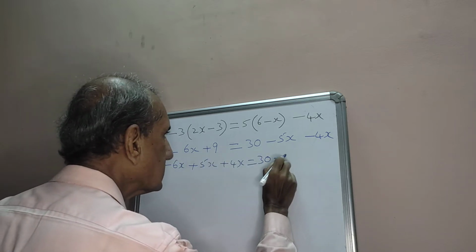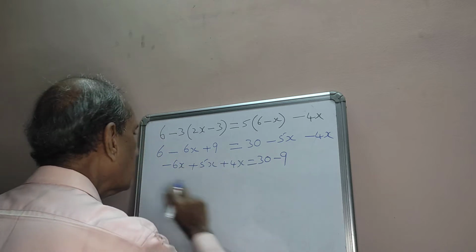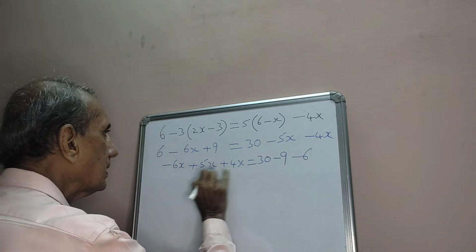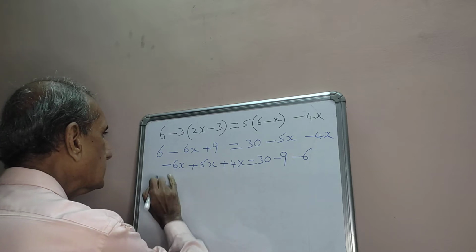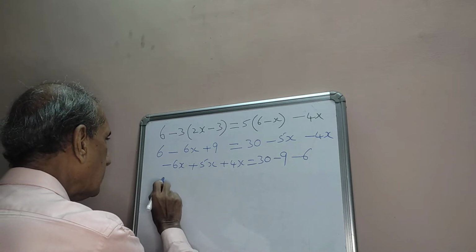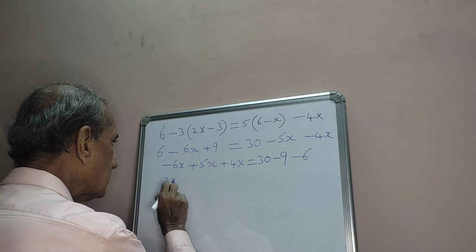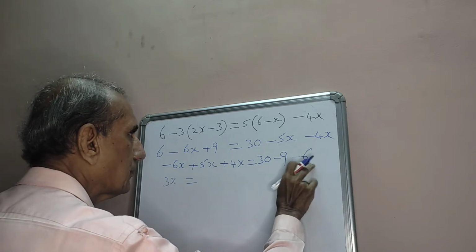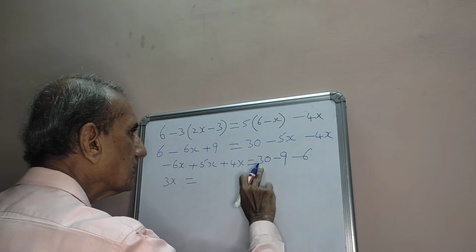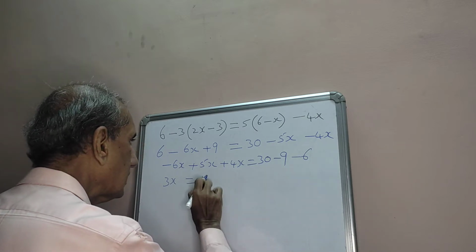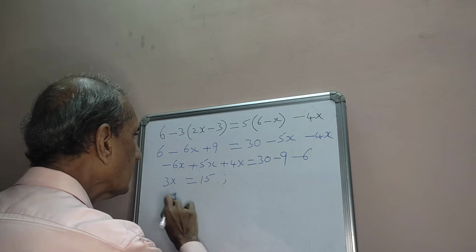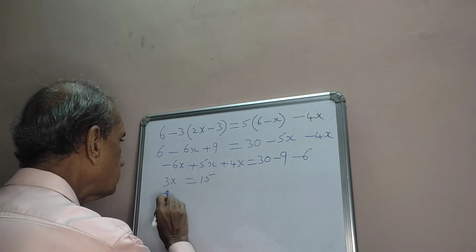Plus 9 becomes minus 9. Plus 6 becomes minus 6. So what do you get here? 9 minus 6 is again 3, so 3x is equal to what? 30 minus 15 is 15 only. So dividing again both sides by 3.